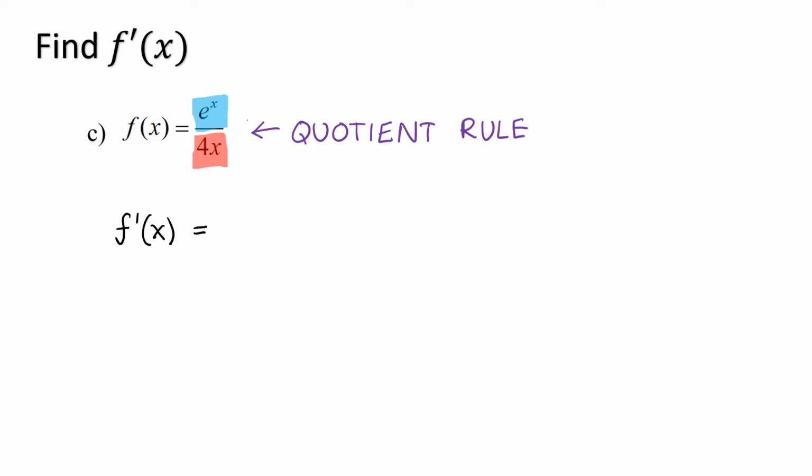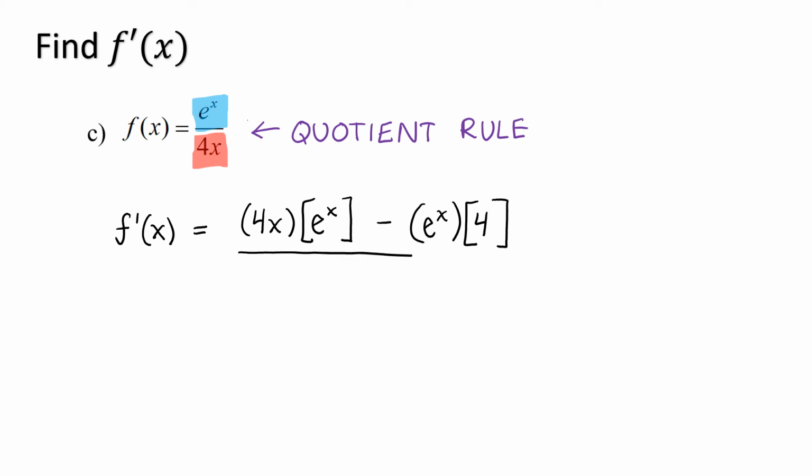f prime of x is equal to low, so that's 4x, d high, so the derivative of e to the x, which is still e to the x, minus high, which is e to the x, times the derivative of our denominator, which is going to leave us with 4, all over low, so that's 4x all squared.